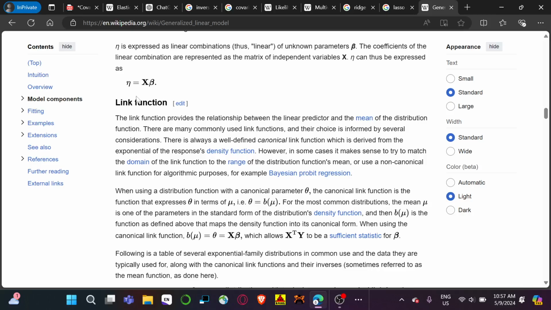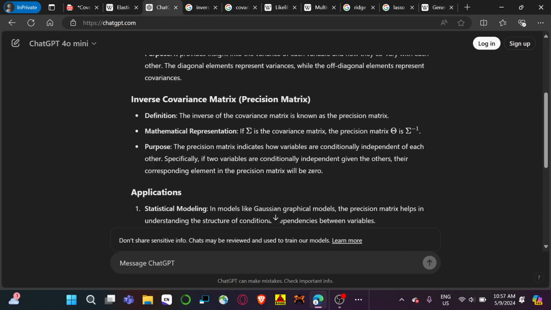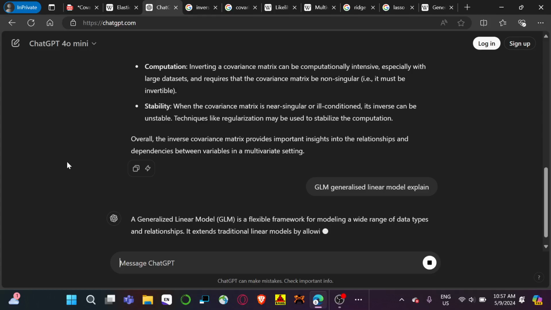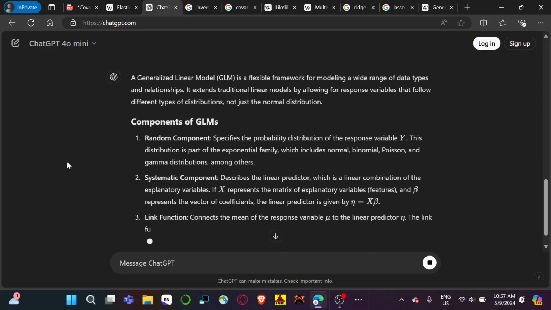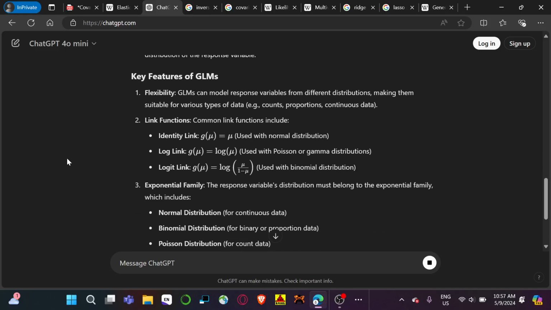All right, but let's see what ChatGPT has to say about it. So, generalized linear model, explain. So if we do something like that, that's good. As you can see, there are a few types of link functions.